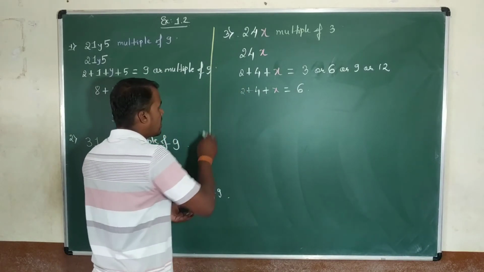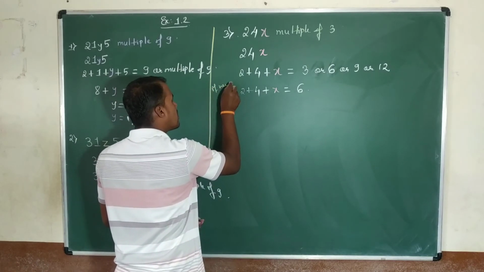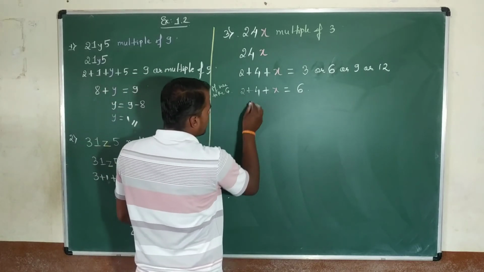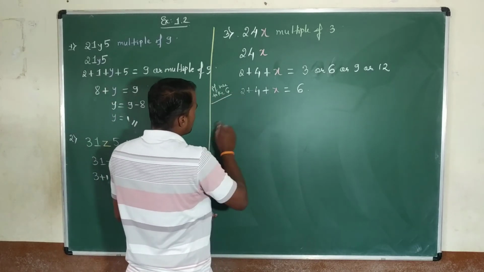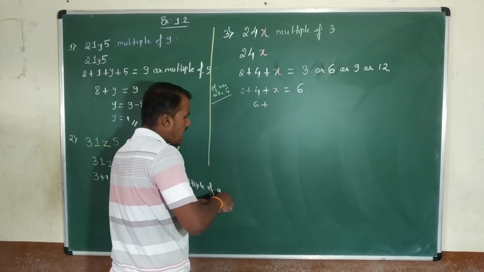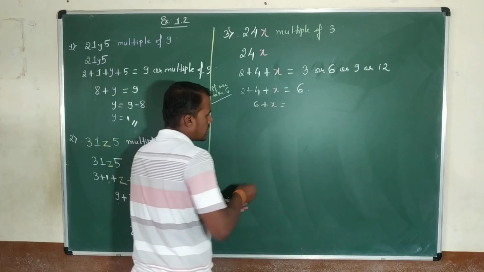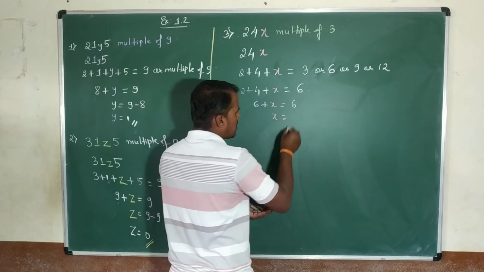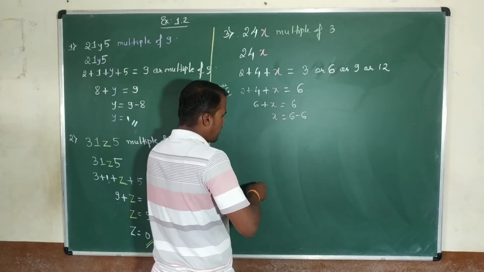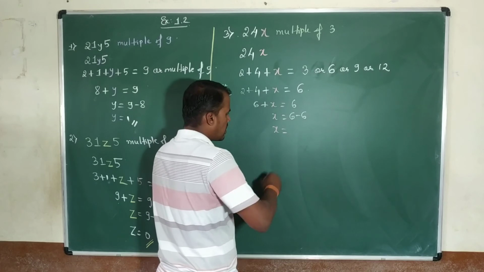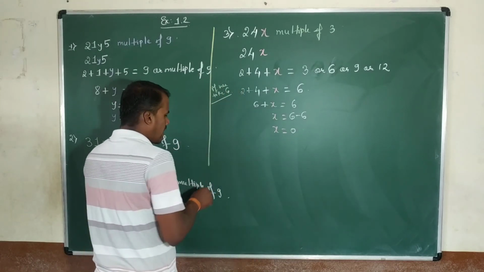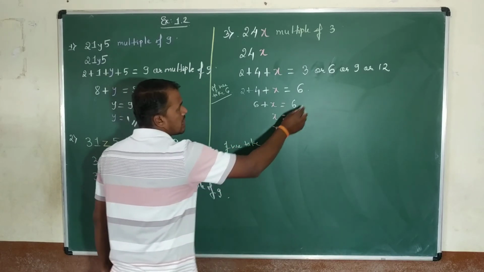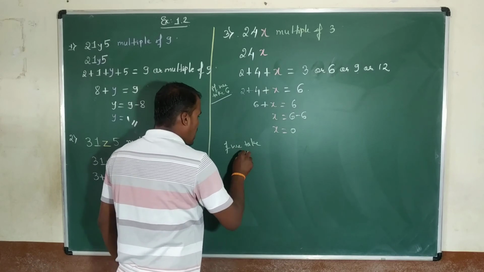Here I write, if we take 6, then 2 plus 4 is 6, plus x is equal to 6. Therefore x is equal to, that 6 goes to this side, plus becomes minus, 6 minus 6, therefore x is equal to 0. Now if we take 9, what happens here?